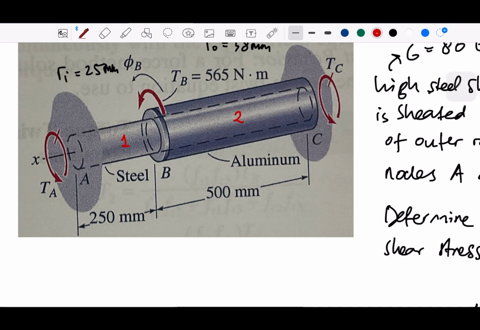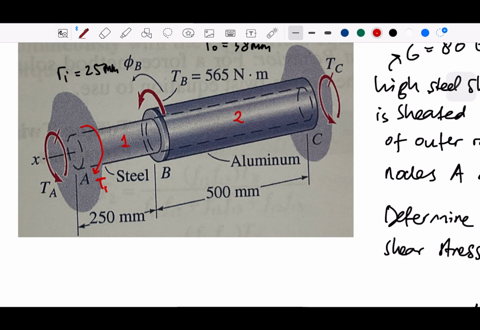So if we look at A, then there will be some reaction over there, which we call T1. Suppose this TA and TC are not shown in the picture. If the picture is showing you this TB, you need to look at the macro scale.